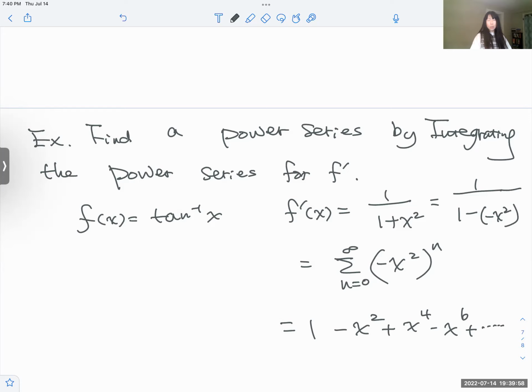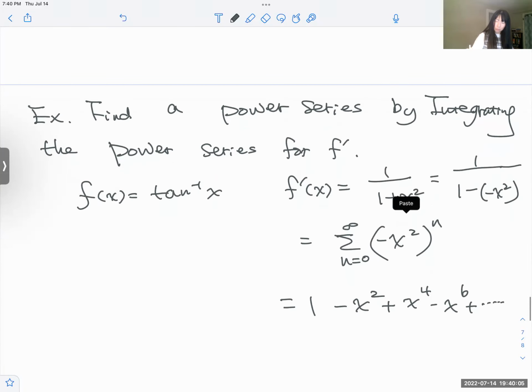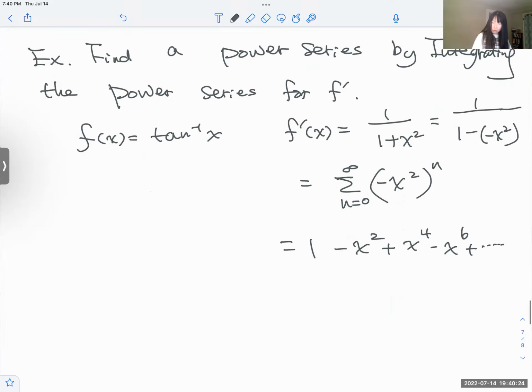Now we're gonna integrate this one term by term, because they say so, right? Integrating a power series. This is one of the techniques for finding the power series, because we don't know anything about the formula for arctangent, right?